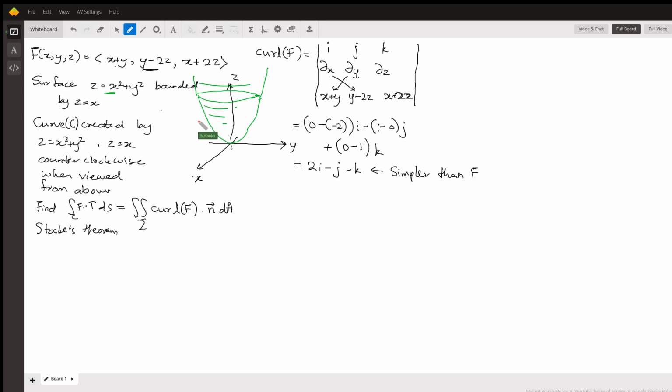And then we want to find this surface, z equals x. So this is your z-axis, this is your x-axis. It's a little bit hard to draw here. I'll just draw this in red. So this will be a surface that's going to cut through this green cup-like thing, like this, and go all the way down.